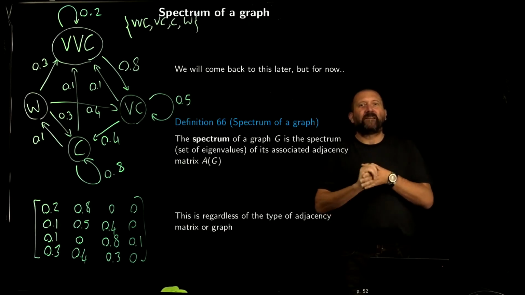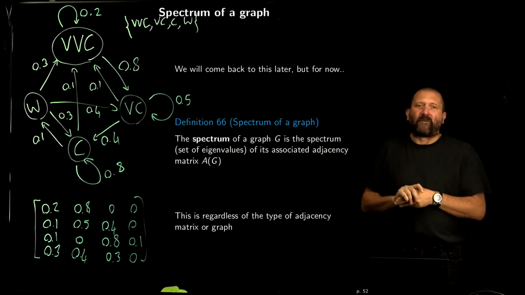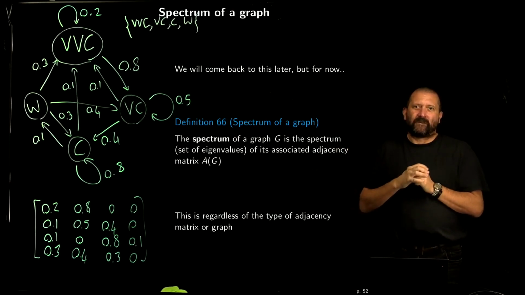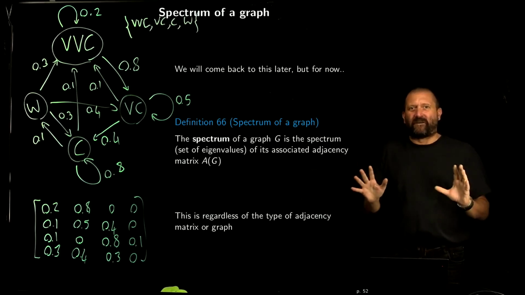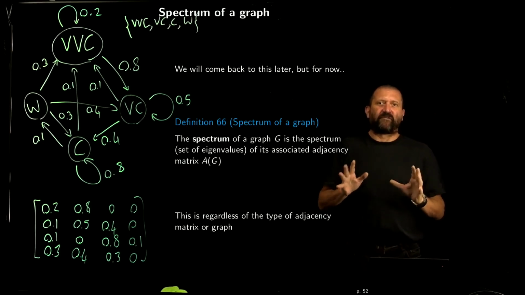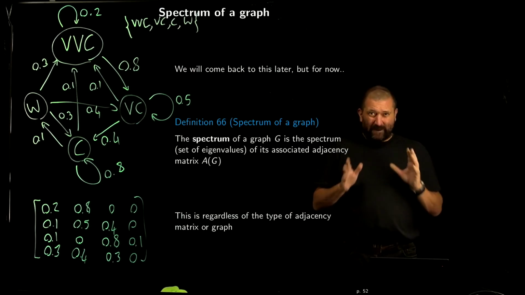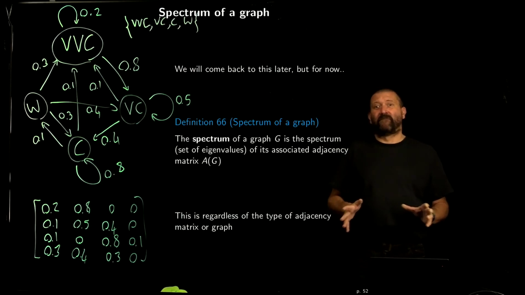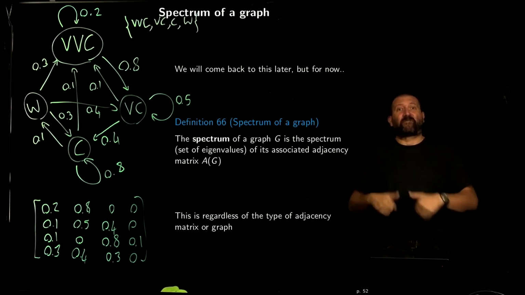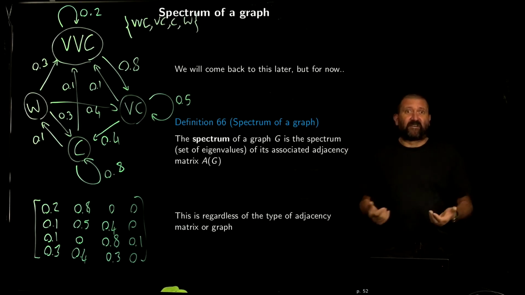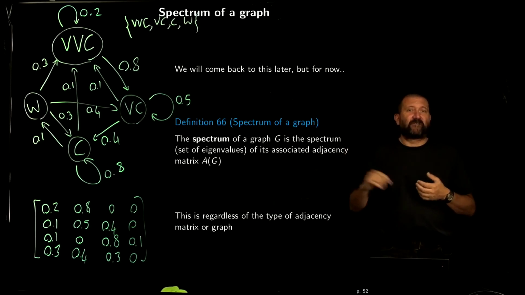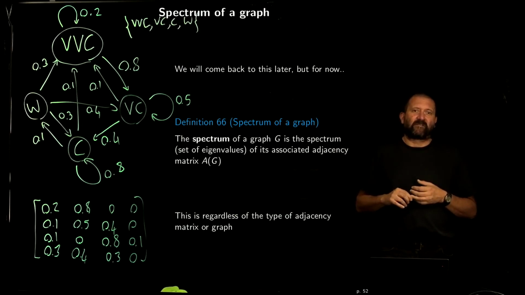We then speak in general about the spectrum of a graph. And we'll come back to that. But for now, let's just look at the definition. The definition will be that we call spectrum of a graph simply the spectrum, so the set of eigenvalues, of the associated adjacency matrix.